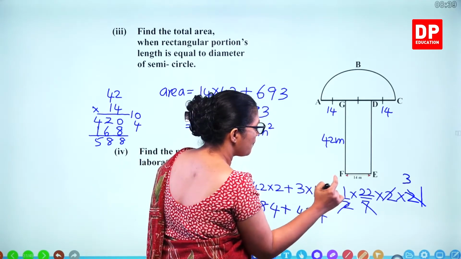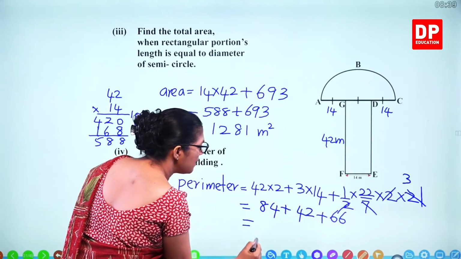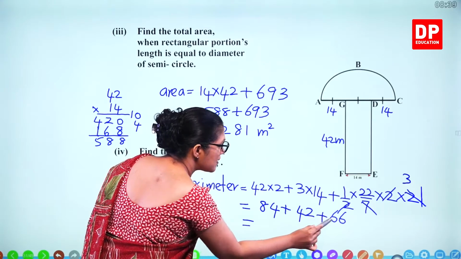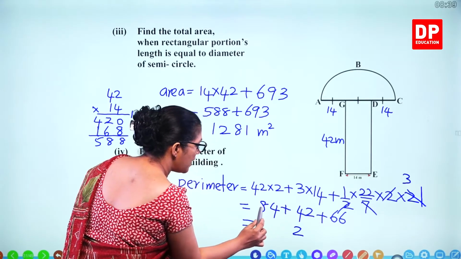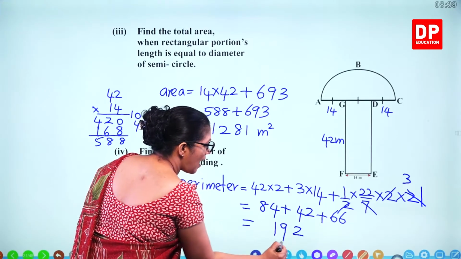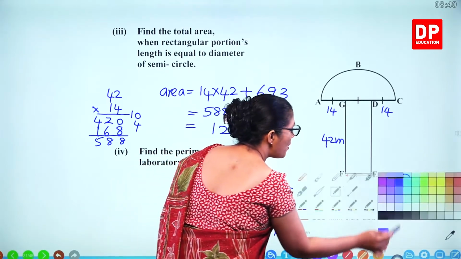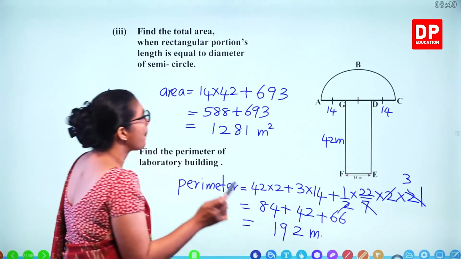And 22 times 3, 66. Add it together. 4 plus 2, 6, 6 and 6, 12. 1 remaining. 9 plus 4, 13. 13 plus 6, 19. 192 meters is the perimeter of this figure.